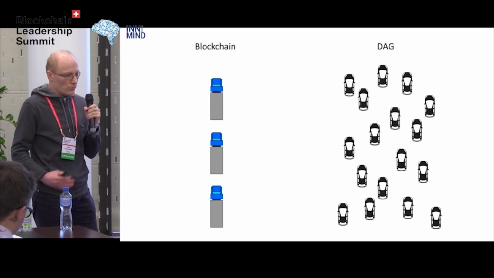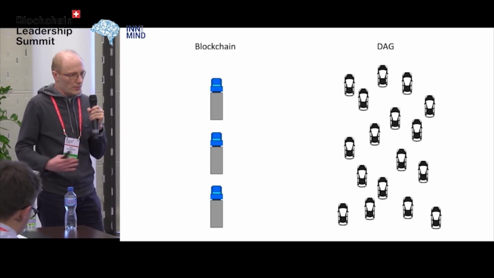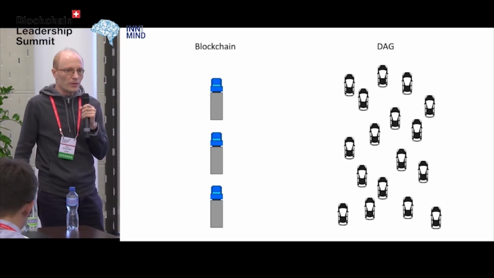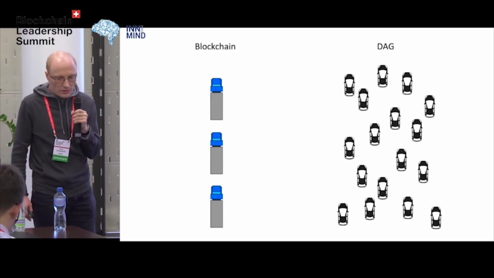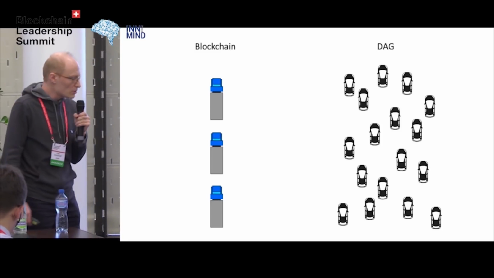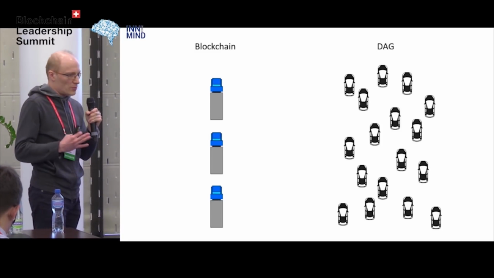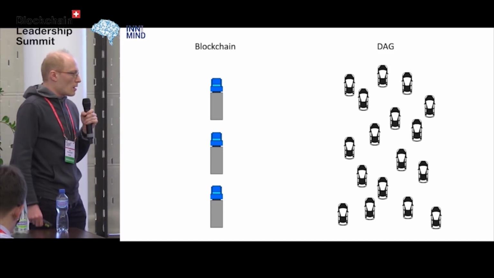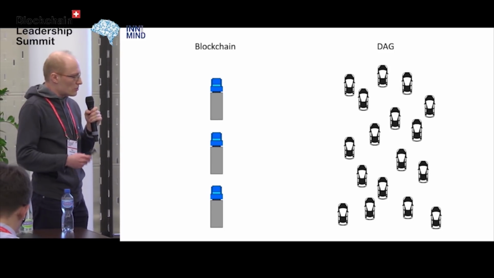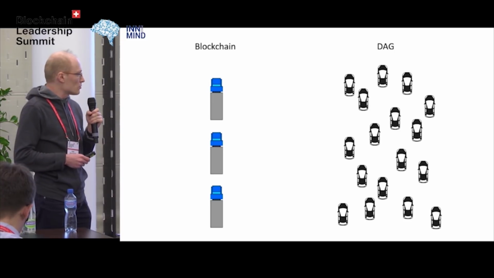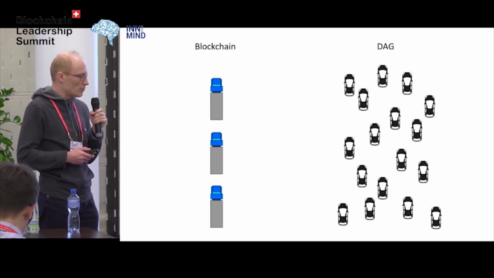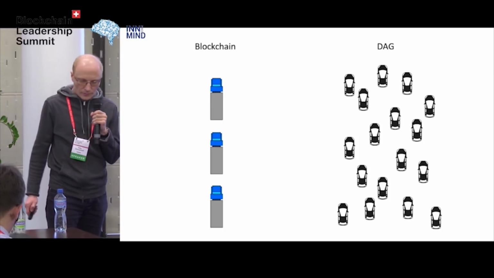And when we need more transactions, the DAG becomes wider to accommodate more traffic. And when there is less demand, the DAG becomes narrower. So it adapts flexibly to the demands of the economy that it serves.